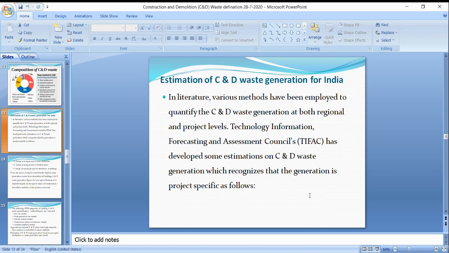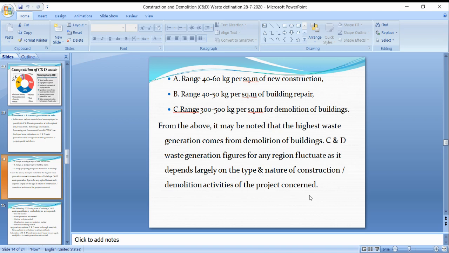That can be identified at the project level, where if any project is under construction, the project specifications will be given.